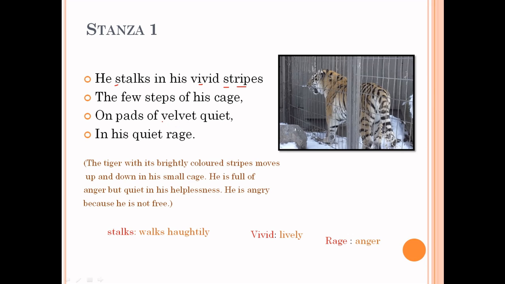Metaphor is a word or phrase used for another thing suggesting a similarity. जो एक समानता को दर्शाता हुआ एक शब्द है जो कि किसी दूसरी चीज के लिए इस्तेमाल किया जाता है. जैसे कि यहाँ पर वेलवेट जो है वो टाइगर के पॉज या पंजों के लिए इस्तेमाल किया गया एक शब्द है जो उसके पैडेड फीट हैं उनके लिए.